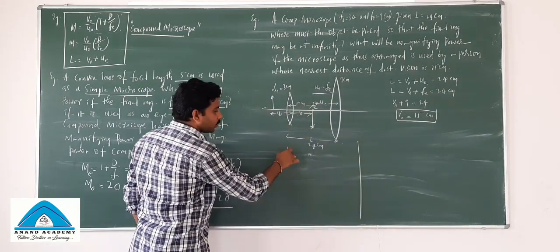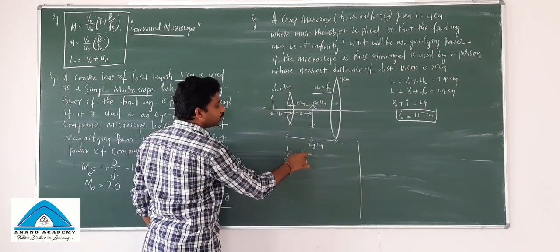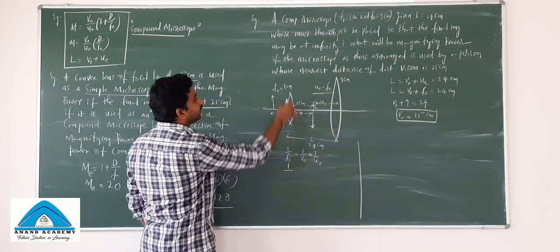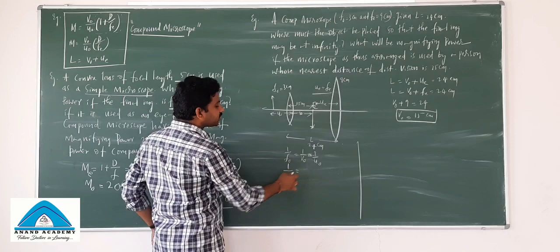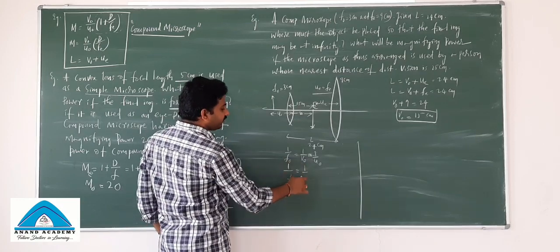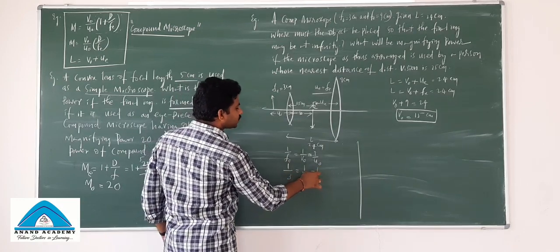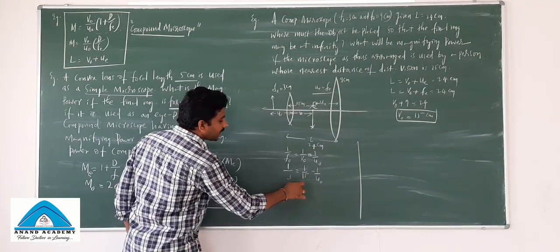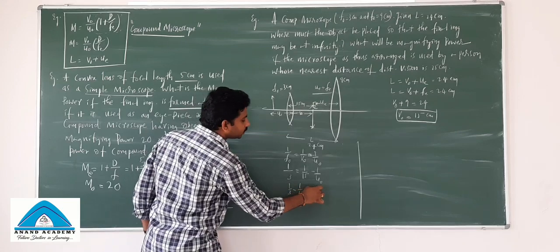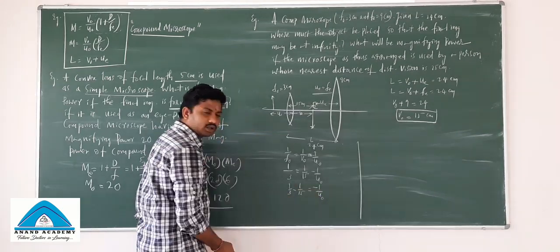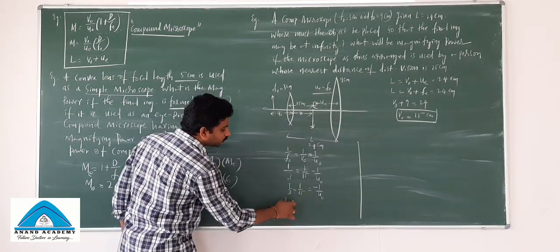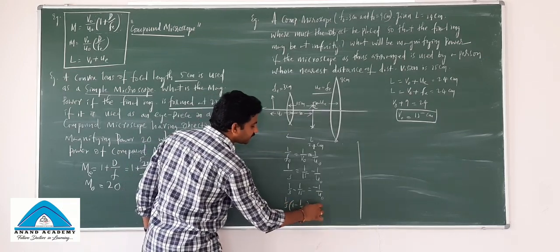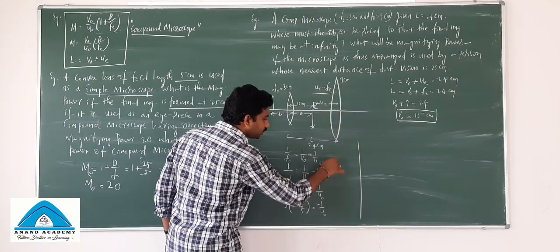Here, 1 by F naught is equal to 1 by V naught minus 1 by U naught. 1 by F naught is 1 by 3, which is equal to 1 by V naught, which is 15, minus 1 by U naught. So 1 by 3 minus 1 by 15 is equal to minus 1 by U naught. If you take 1 by 3 common, that is 1 minus 1 by 5, equal to minus 1 by U naught.